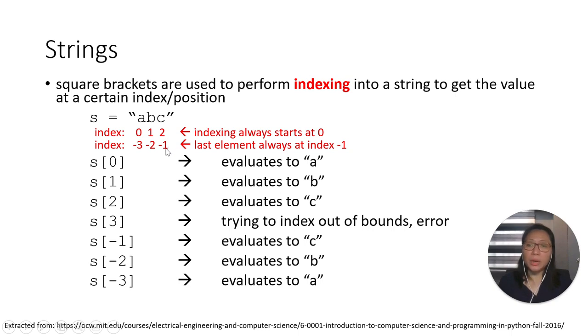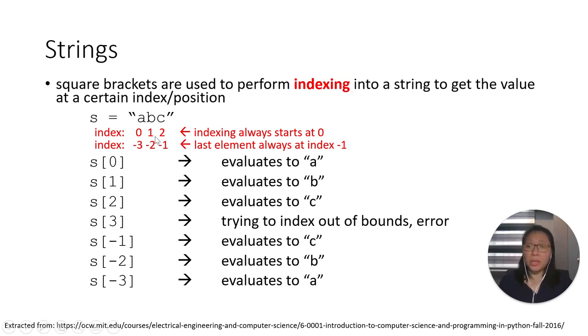For example, the last element of the string is always assigned the index -1. So from right to left, we start with -1, then -2, -3, up to the first character of the string.